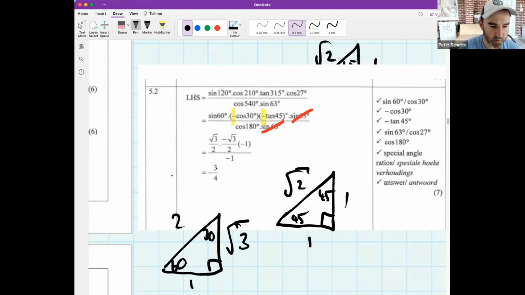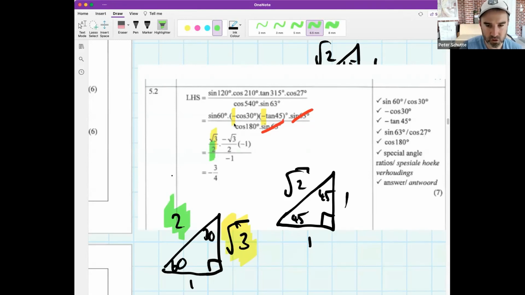If I'm evaluating the sine of 60, the sine of 60 is just going to be O over H, so root 3 over 2. And that's where the root 3 over 2 comes from.